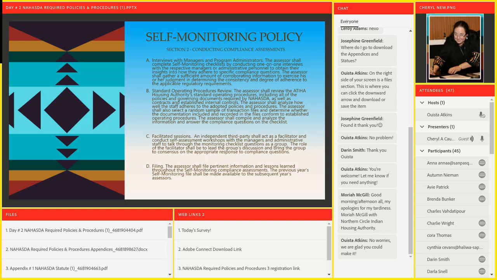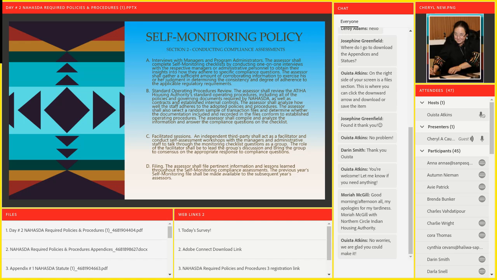The assessor shall complete the self-monitoring checklist by conducting one-on-one interviews with respective managers or administrative personnel to obtain their insights into how they adhere to specific compliance questions. The assessor shall gather a sufficient amount of corroborating information to exercise his or her judgment in determining the consistency and degree of adherence to the applicable regulatory requirements.